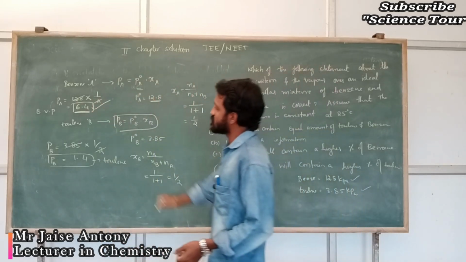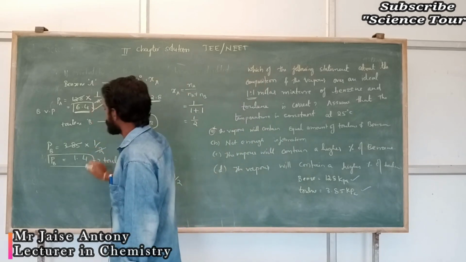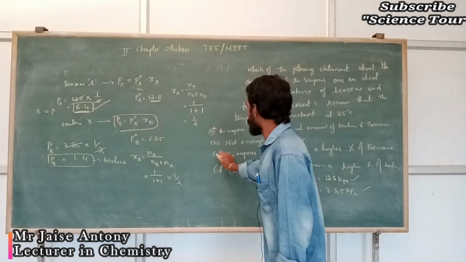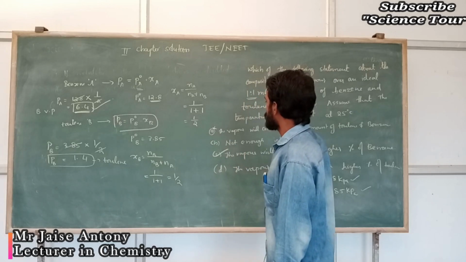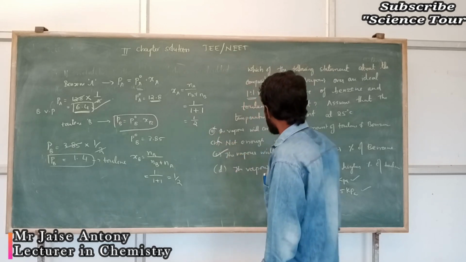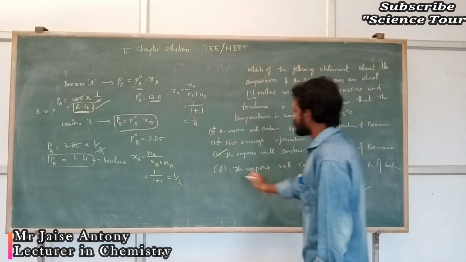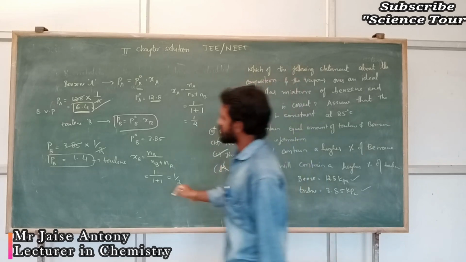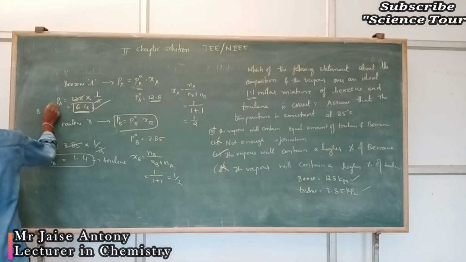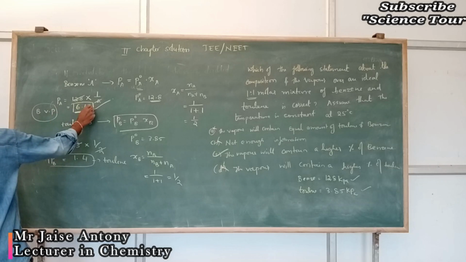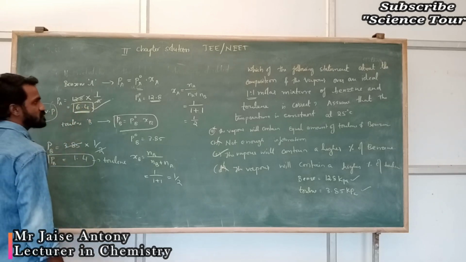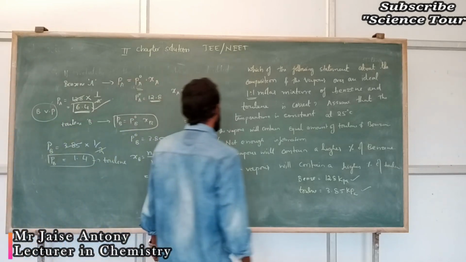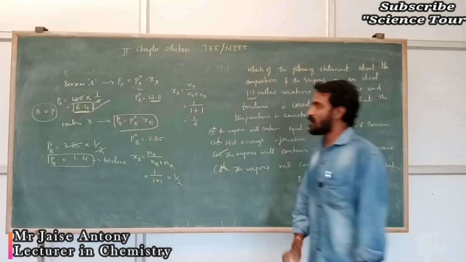Benzene vapor pressure is 6.4 and toluene vapor pressure is 1.4, so this option is correct. Then the vapor will contain a higher percentage of toluene is wrong. The vapor contains a higher percentage of benzene, since 6.4 is the highest. So option C is the correct answer.